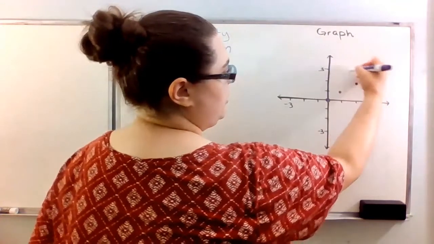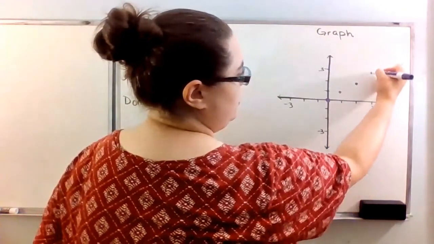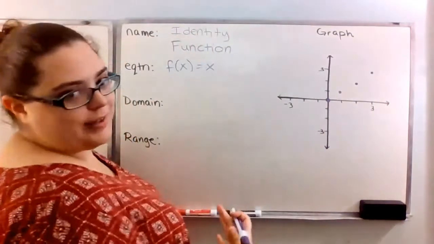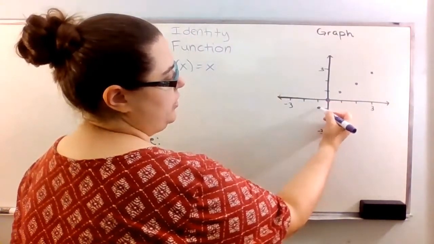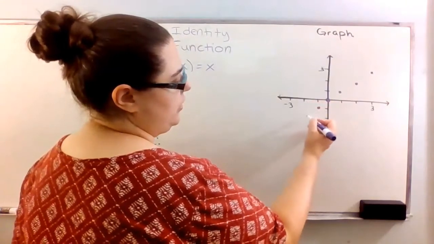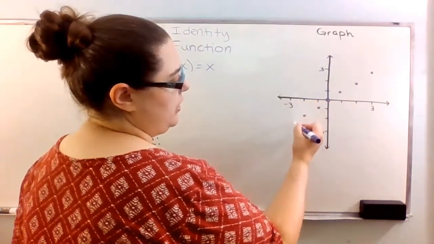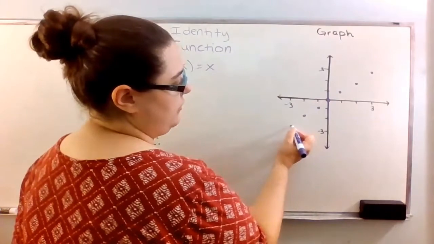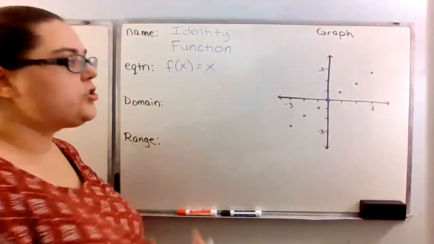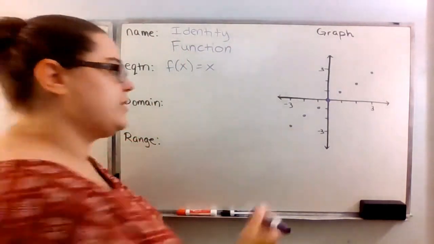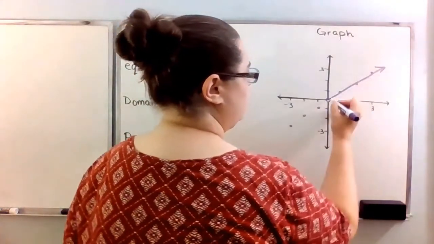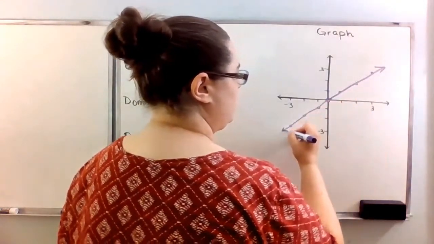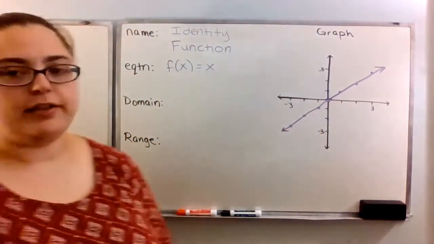And if x is 3, y is 3. Same thing with the negative numbers, right? So -1 is going to bring us to -1. -2 leads to -2. And -3 is going to take us to -3. So you can see we're getting a linear function out of this. So we'll connect the dots to get our identity function.